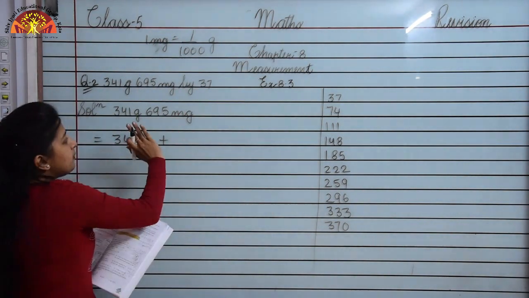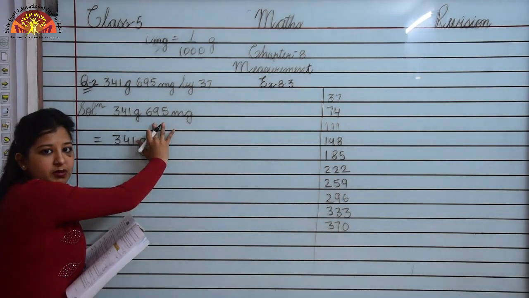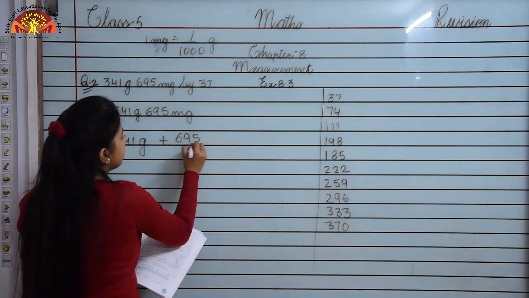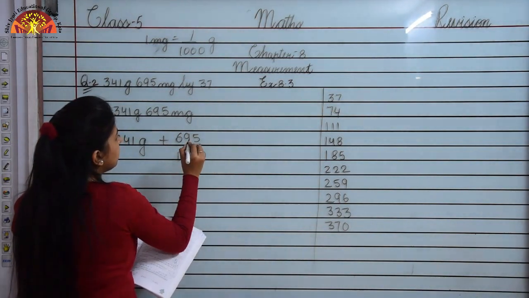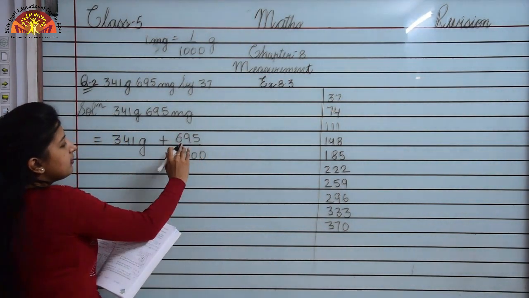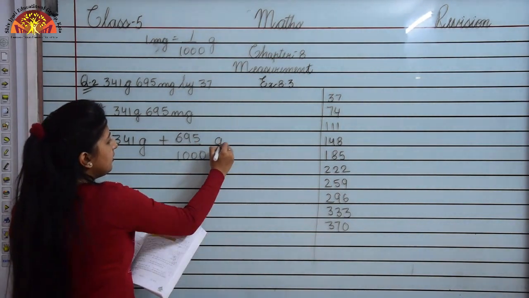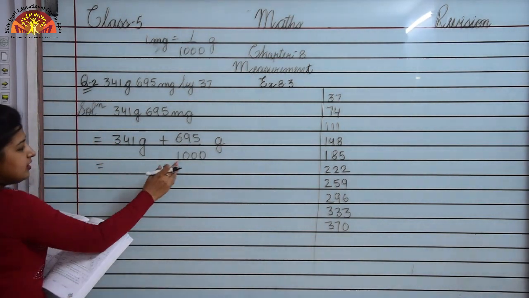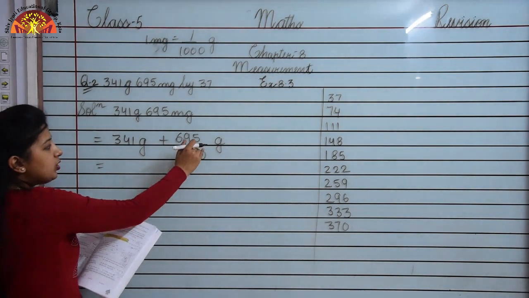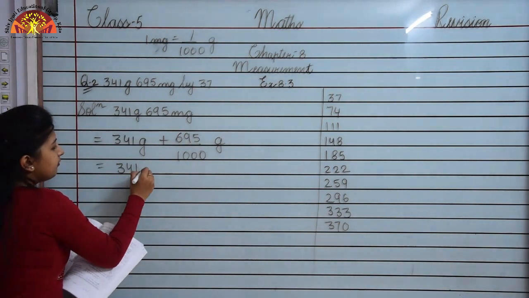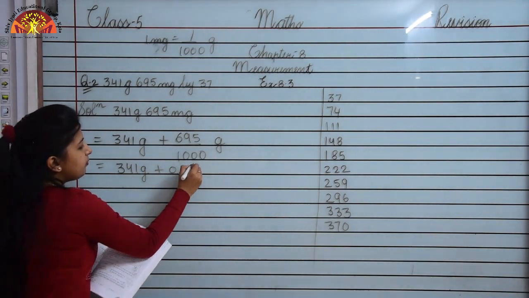So we will multiply the given measurement by 1 upon 1000. So we are dividing 695 by 1000. Here you can see 3 zeros are coming here, so we will put decimal before 3 digit. Fine. So we will put decimal here.